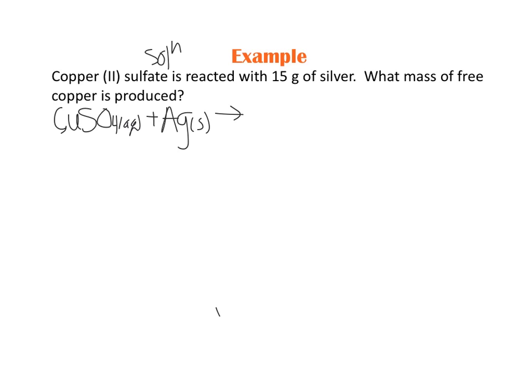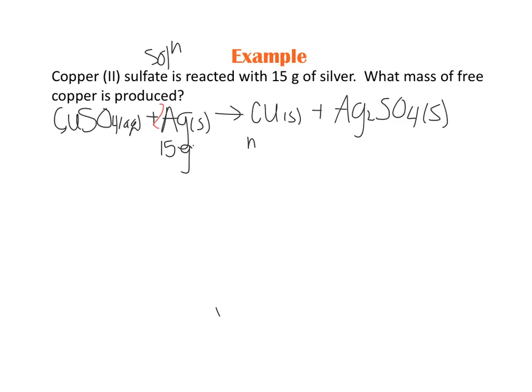And we're going to make copper solid and Ag2SO4. That's likely going to be a solid as well, actually. All right, balancing. We're going to need 2 silvers over here. And that looks like about it. So writing what we know, 15 grams.